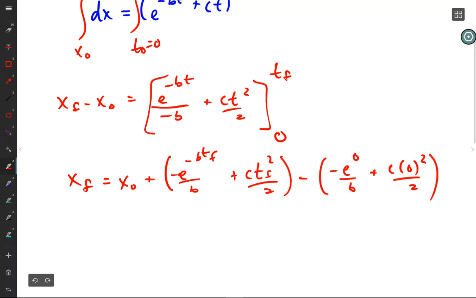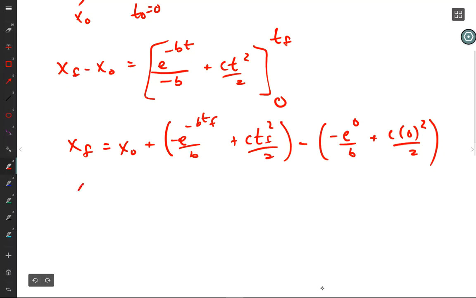So there I put explicitly the upper limit and the lower limit on the right-hand side.